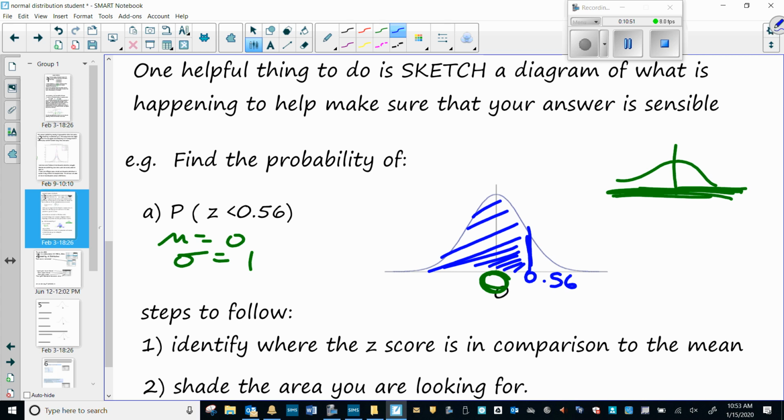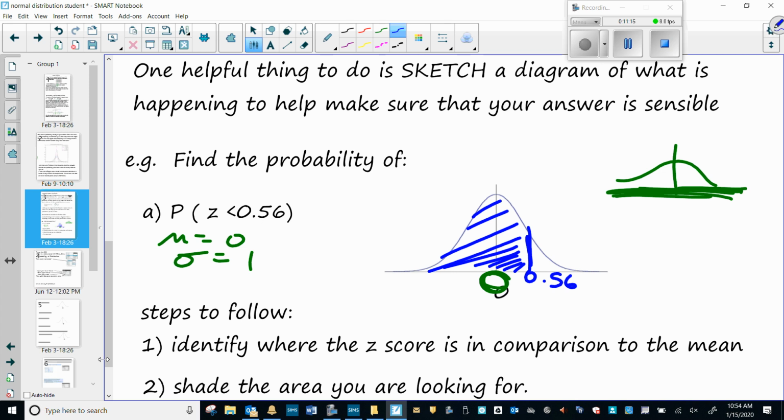Now, can anyone tell me anything about the answer that we're going to get? More than, less than, roughly anything. Can anyone tell me anything about the probability we're going to get? A lot? Why a lot? What do you mean a lot? Because isn't that like 80% of the curve?